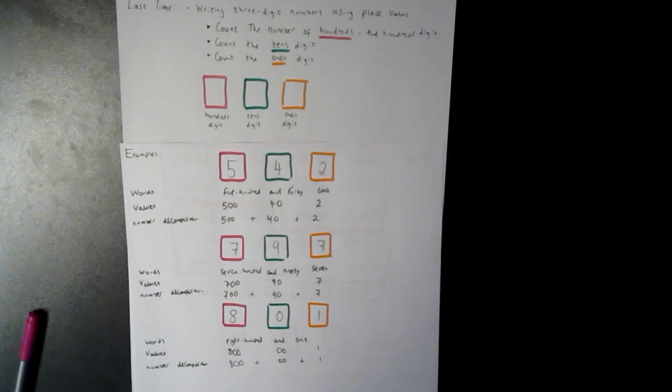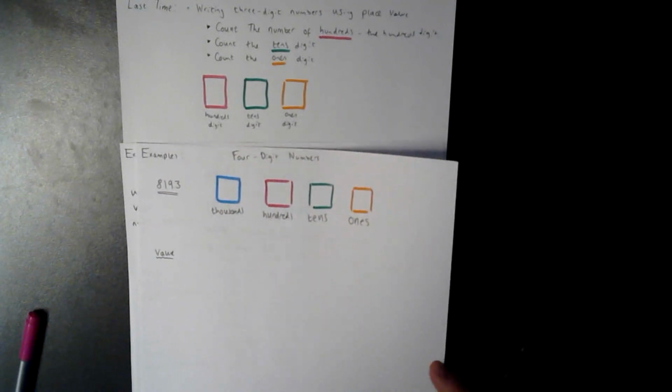Okay, so what we're going to do now that we've made a lot of progress with looking at 3-digit numbers is to have a go at 4-digit numbers, but a bit more streamlined. If you've been following along with these videos, you've seen the process we go through.